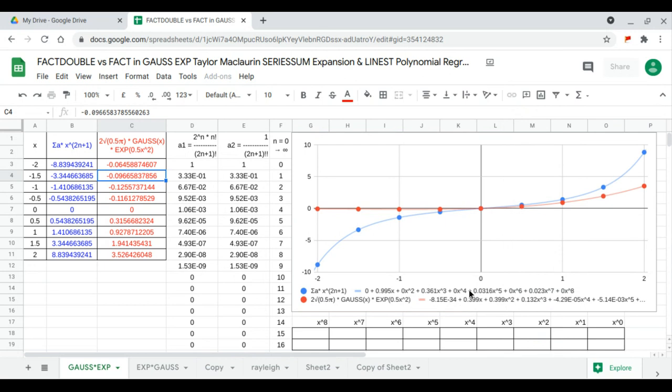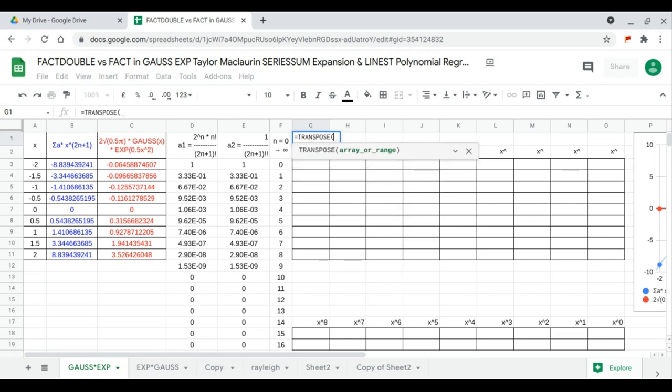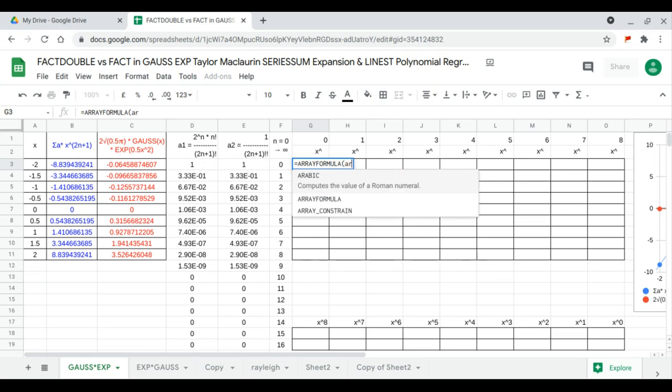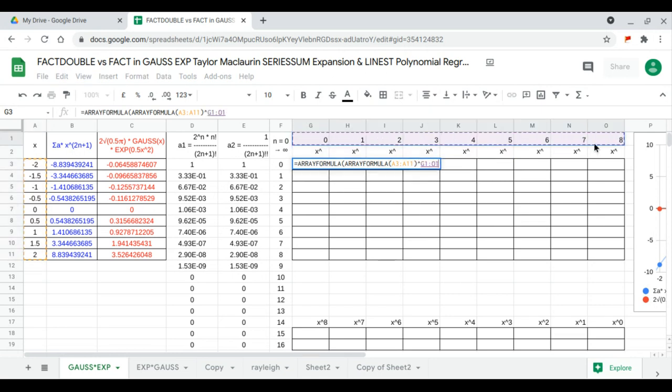We'll calculate these polynomial regression coefficients using LINEST. To do that, we complete the LINEST matrix, starting with the power. Transpose 0 to 8. Now the elements of the matrix. So this is equal to array formula of the x values raised to the power 0 to 8.